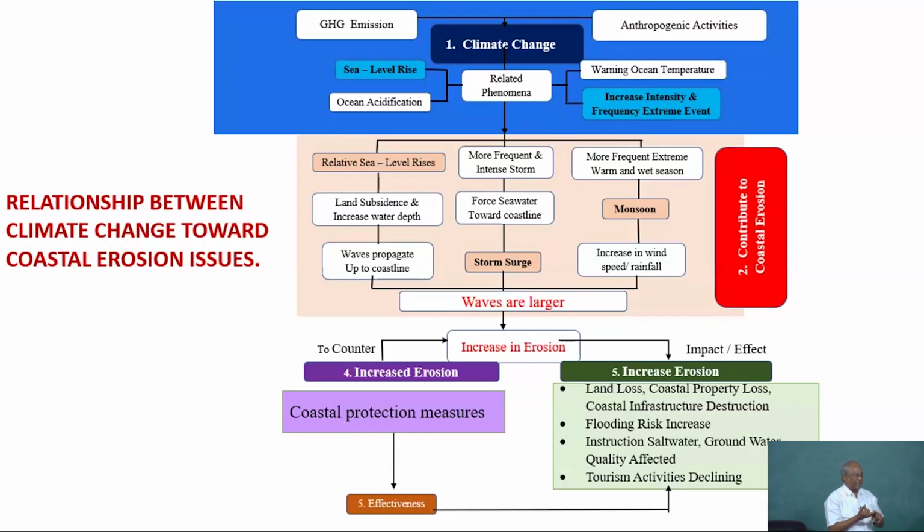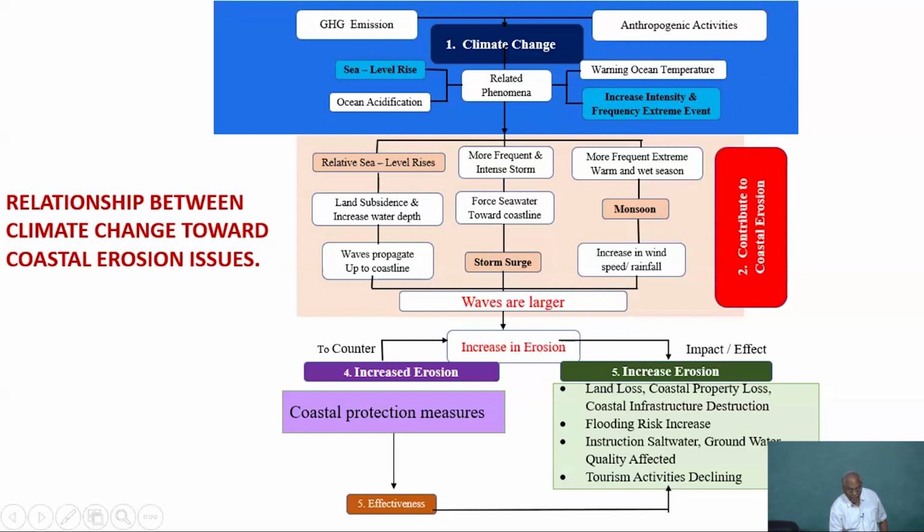The other aspect is the frequency of cyclones. You would have seen so many times the frequency has gone up now. We are getting cyclones very frequently along the east coast, and worldwide also. In this slide, I have explained in more detail the relationship between climate change and coastal erosion issues.